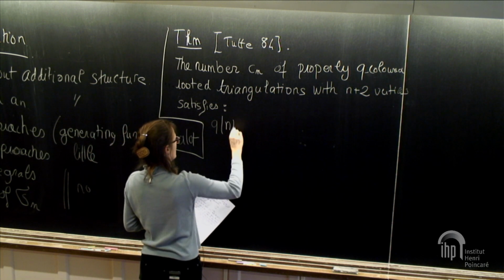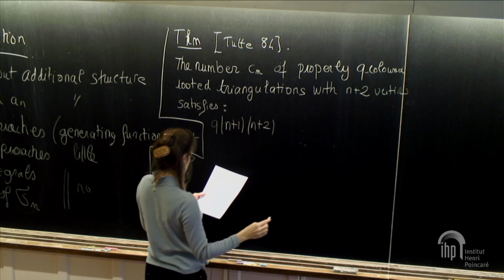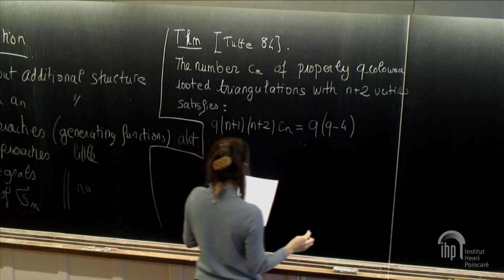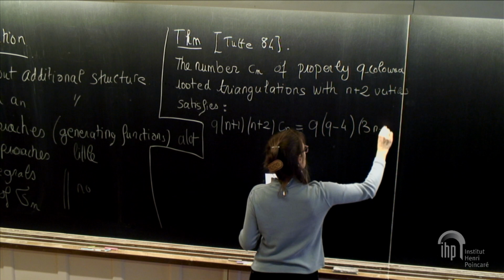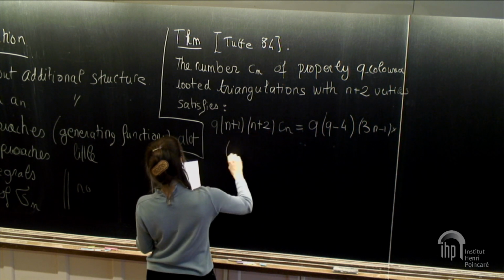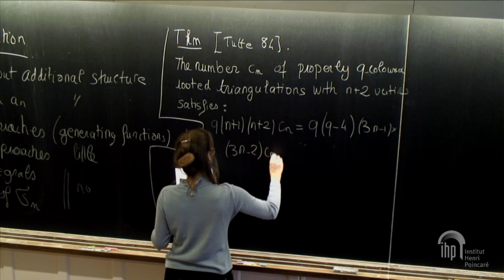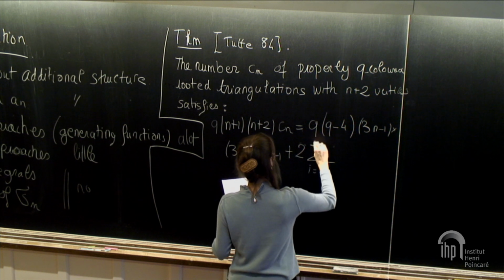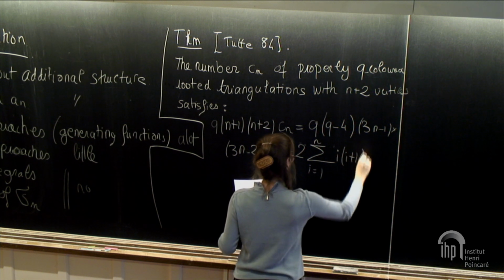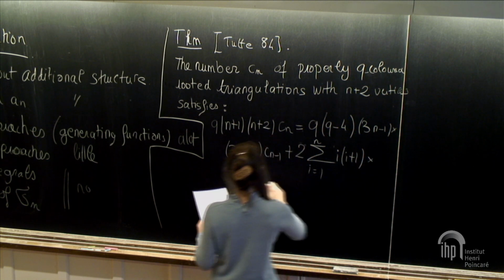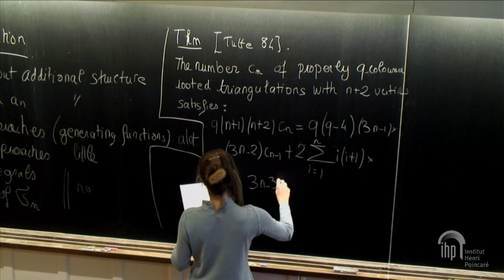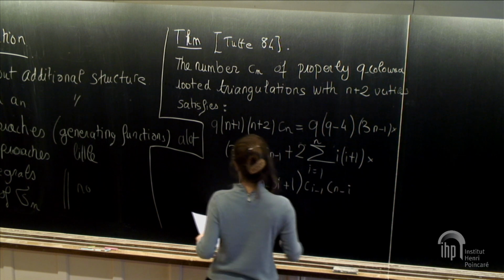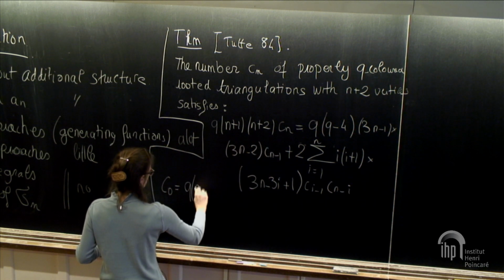So (n+1)(n+2) C_n is Q times (Q minus 4) times (3n minus 1) times (3n minus 2) C_{n-1}, plus a convolution, sum over i of (i plus 1)(3n minus 3i plus 1) C_{i-1} C_{n-i}, with some initial condition, which is that C_0 is Q minus 1.